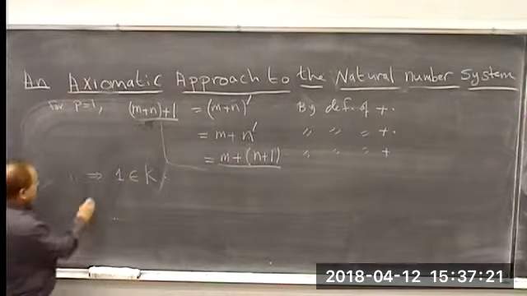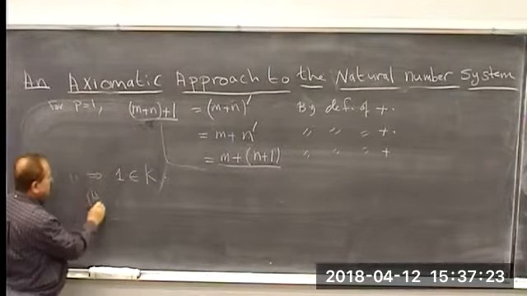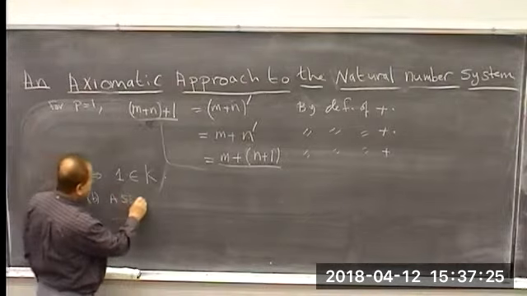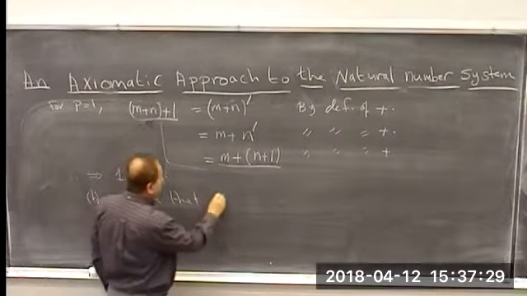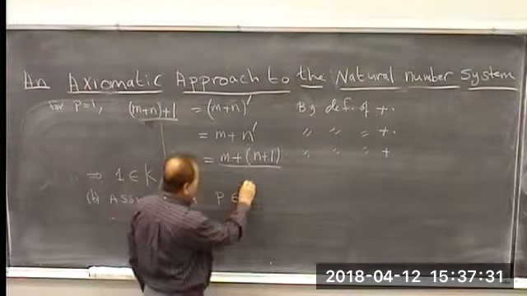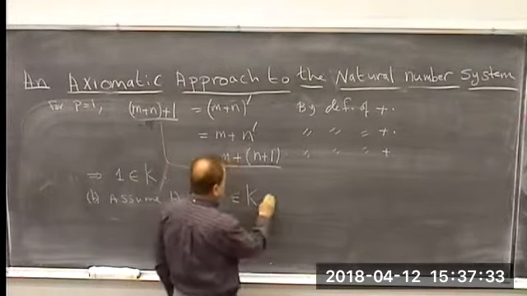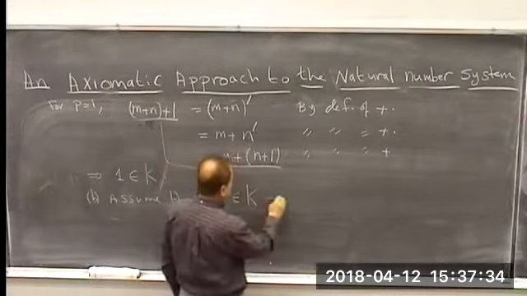Now, the second thing we need is to assume that P is in K, which implies that M plus N plus P is equal to M plus N plus P, regrouped.